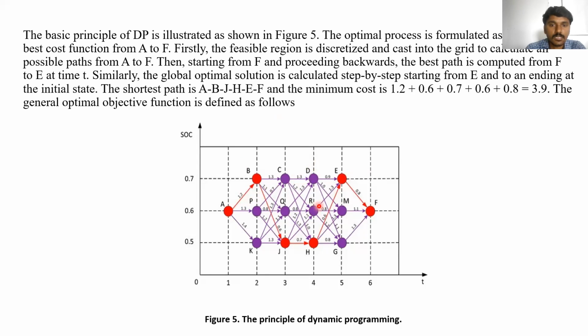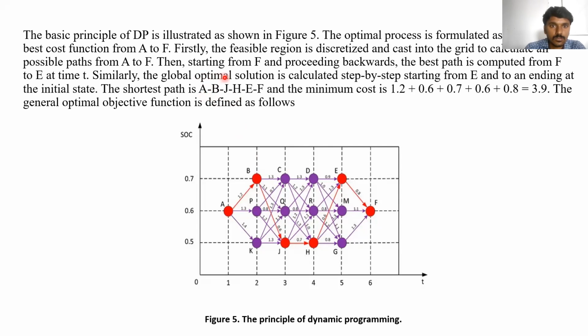Among them, we identify the shortest path, to identify how much energy is consumed by the electrical transportation. From this, the shortest path from A to F is A, B, J, H, E, F. This is the shortest path and the minimum cost is obtained.